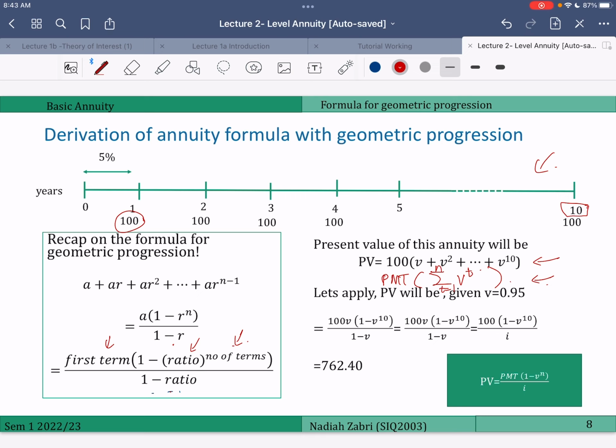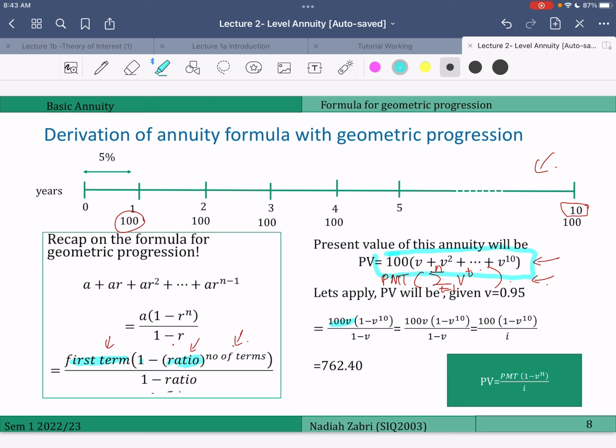Okay, what is the first term? We want to apply this formula, right? So what is the first term? The first term here is 100v. 100 times v, that is the first term. And then times 1 minus ratio. What is the ratio? Our ratio, the relation between the first term and the second term, is v.